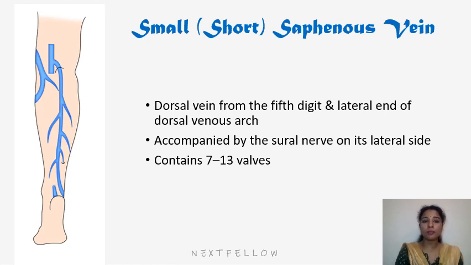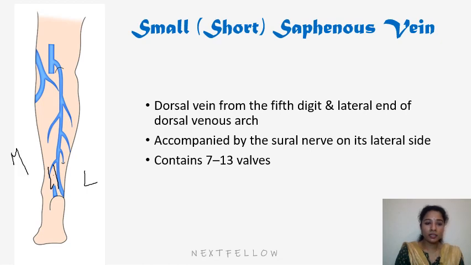These sites are very important. It further ascends superiorly in the lateral lower third of the calf, where it is lateral to the tendocalcaneus. So here is the tendocalcaneus; this is the lateral side of the leg, and this is the medial side of the leg.